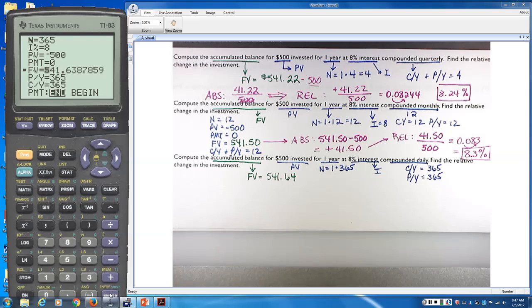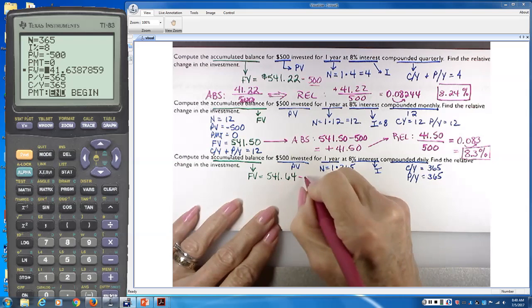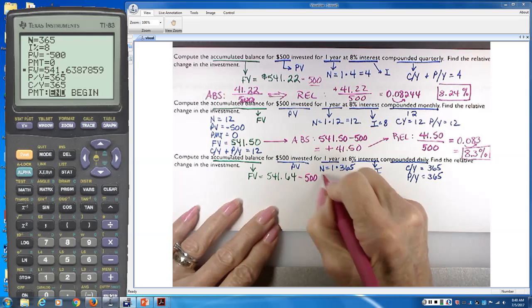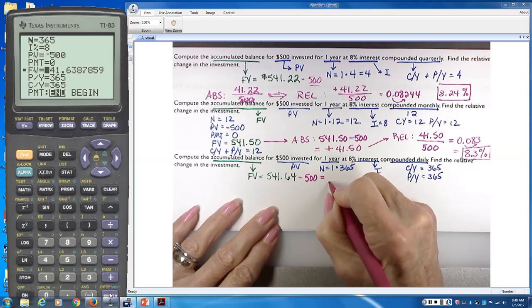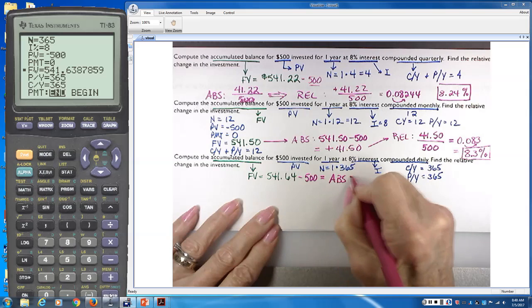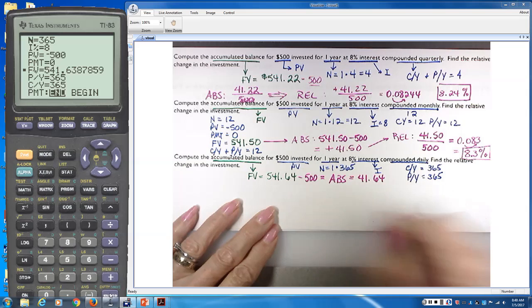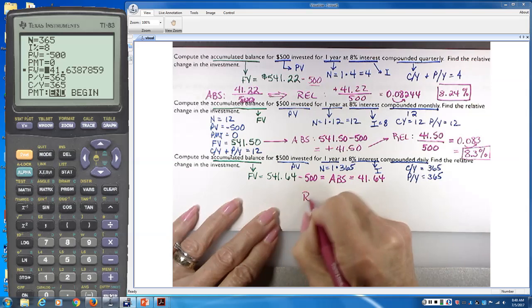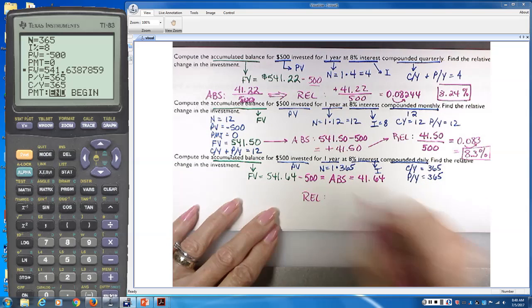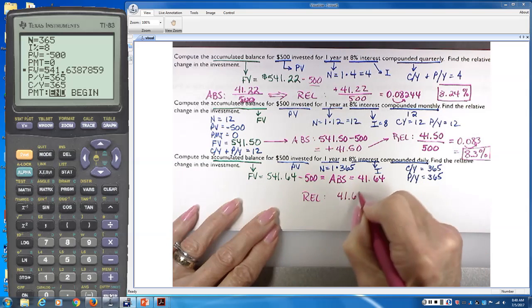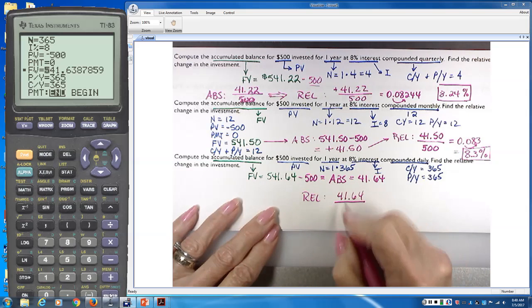Now notice we didn't get a lot more money each time, but we got a little more money, a few more cents each time. So if we subtract 500 from our future value, that gives us our absolute difference, which is $41.64. And that means then that our relative change is $41.64 divided by 500.